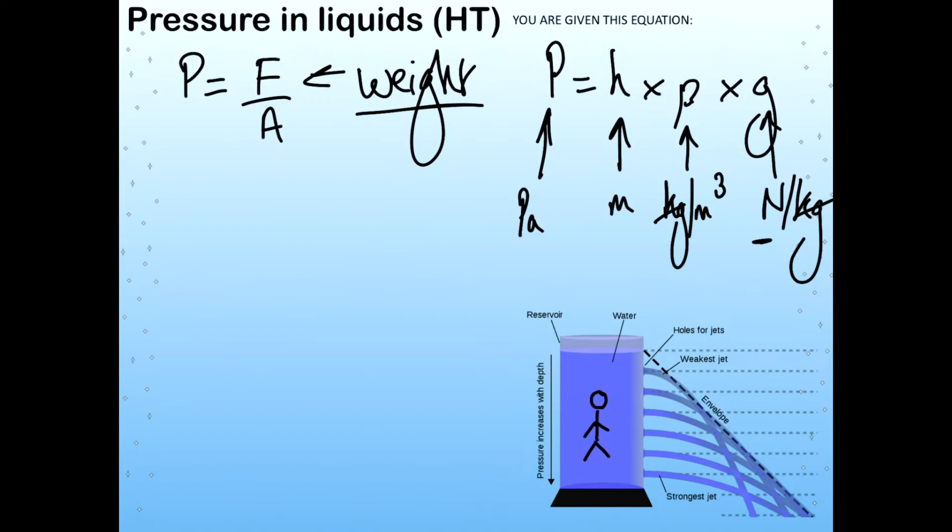One thing we might have to do with this equation, looking at a person sat under the water, is consider the difference in pressure between the top of them and their bottom. So you'd have to work out the difference in height between the top and the bottom, and as a result find out the difference in pressure.